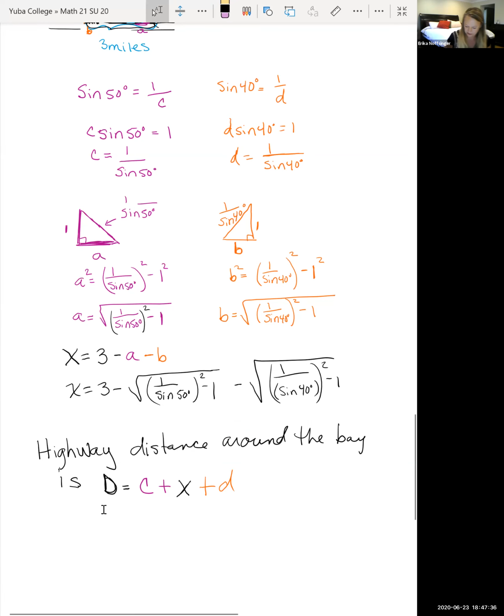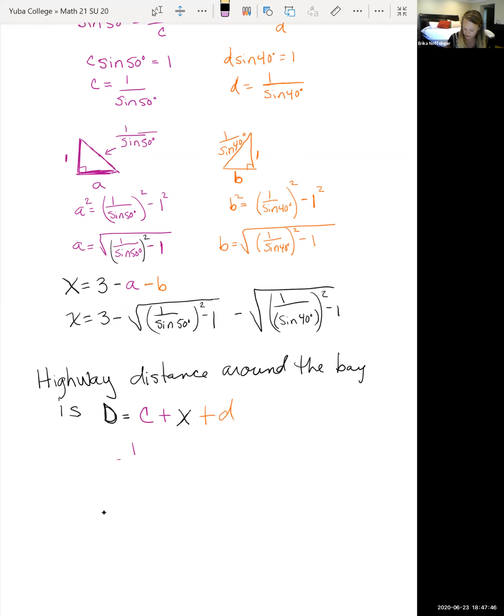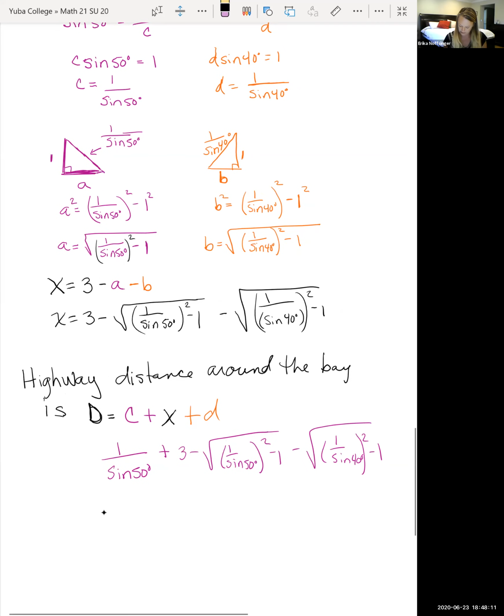Yeah, I thought I could do it and save some time. I can't. So I have distance is 1 over sine of 50 degrees plus x, which was that whole 3 minus the square root of that whole bit, and then plus b, d.